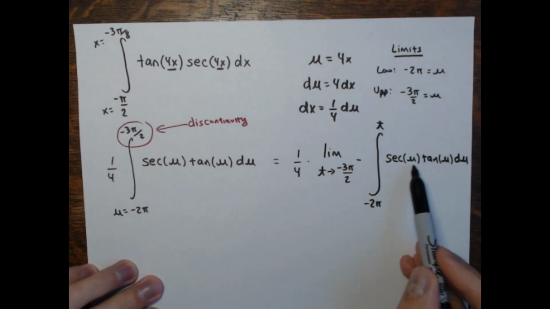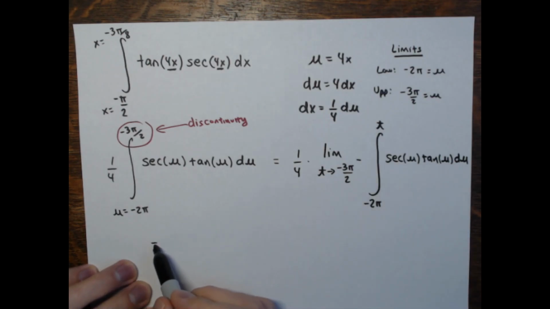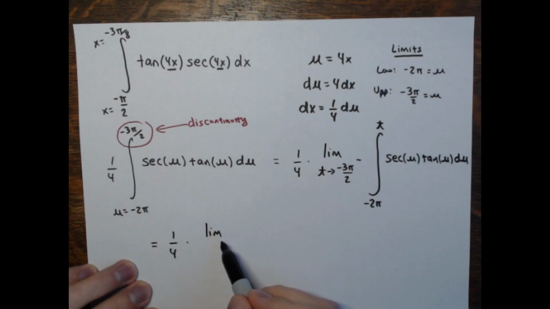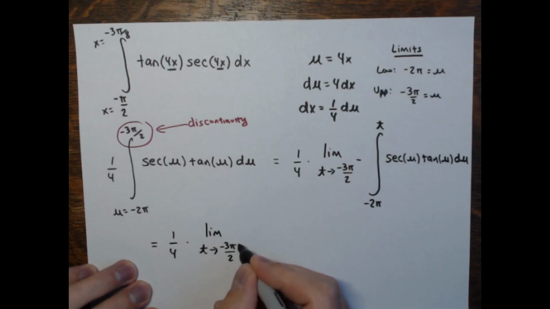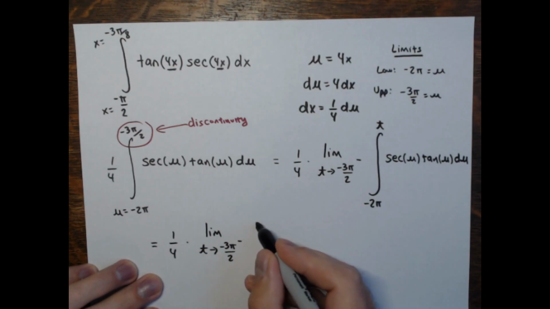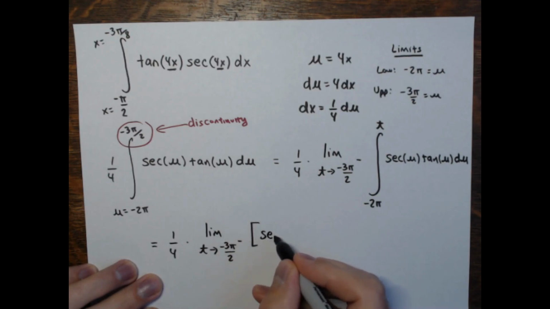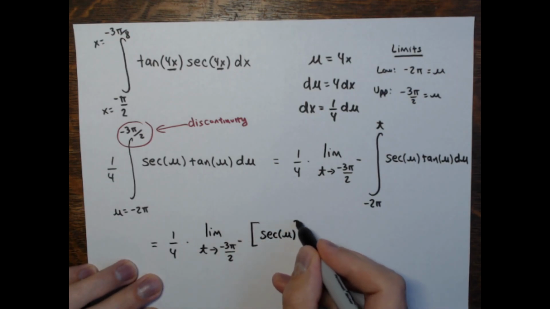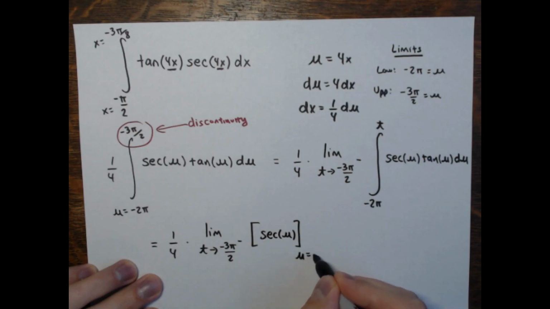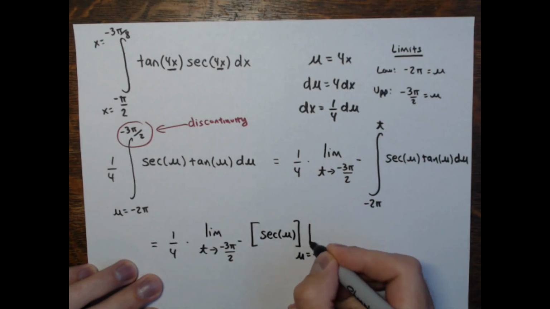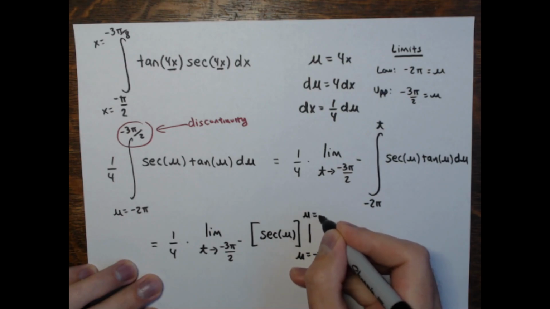Now this should be a familiar derivative. The derivative of secant was secant tangent. So this is simply 1/4 times the limit as t approaches negative 3 pi over 2 from below of the secant of u, going from u equals negative 2 pi up to u equals t.